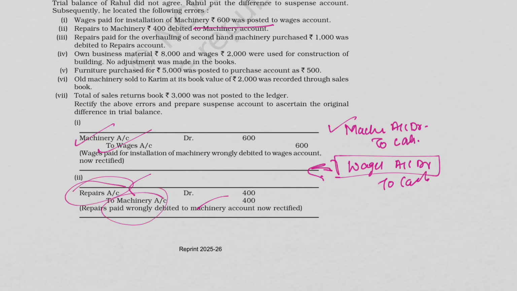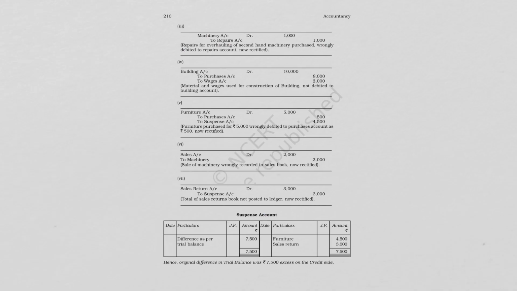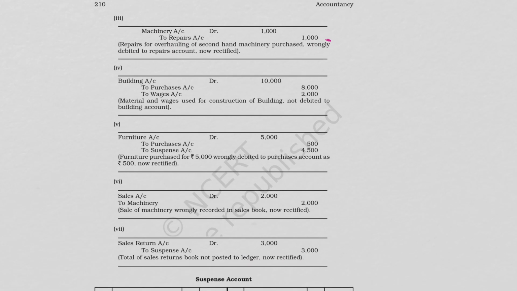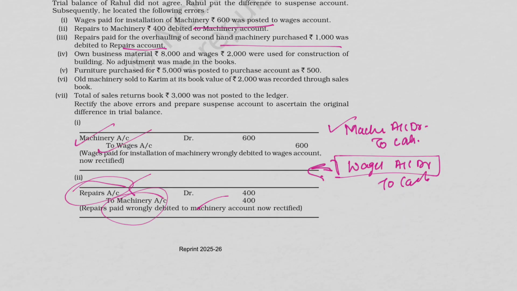This is the correct, and this is the rectification of the wrong entry. Then we have repairs paid for the overhauling of second-hand machinery purchase of rupees 1000 was debited to repairs account. So there's a wrong debit in repairs account, so it will be credited, and machinery account should have been debited. It means it has to be capitalized.